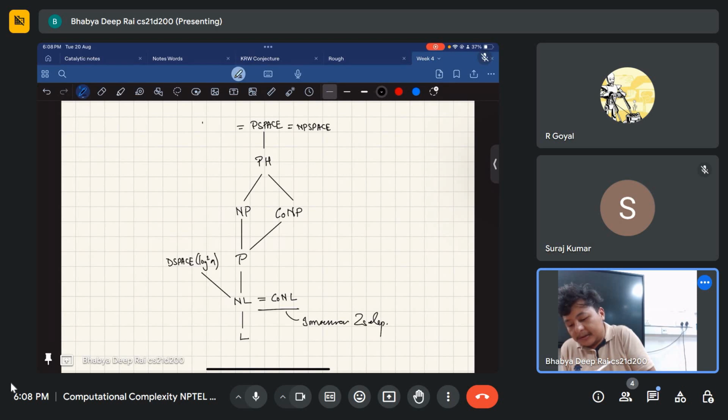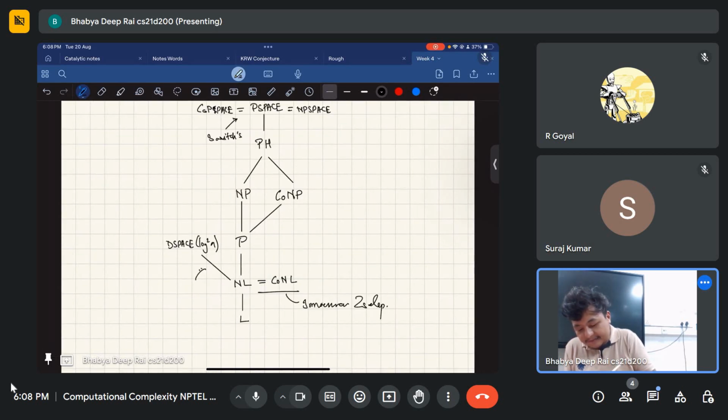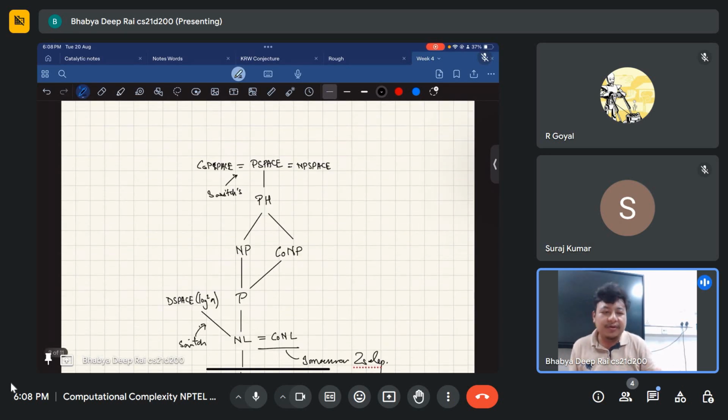So co-PSPACE is equal to PSPACE. This part is due to Savitch's theorem, and this part is also due to Savitch's theorem, because if you square any polynomial, you still get a polynomial. But that is not true for log.